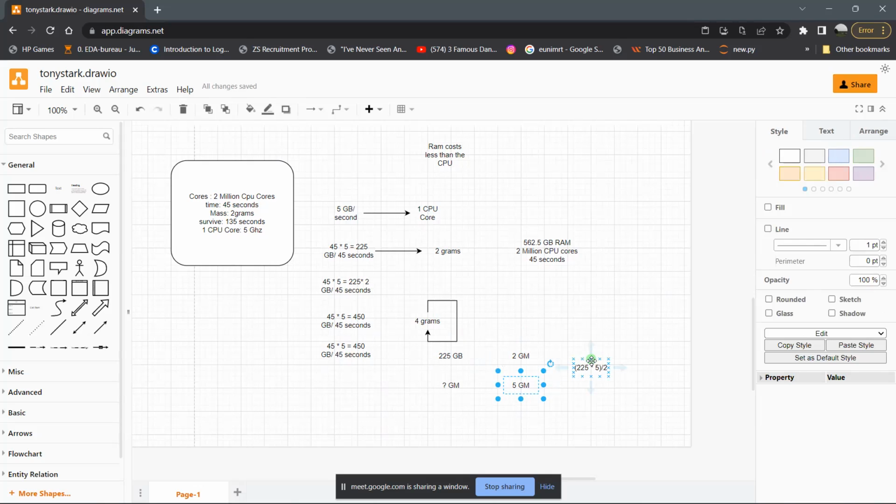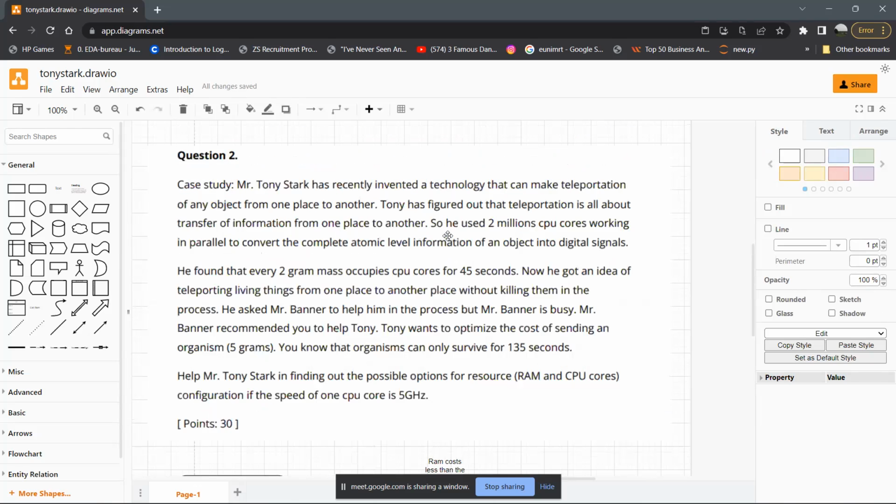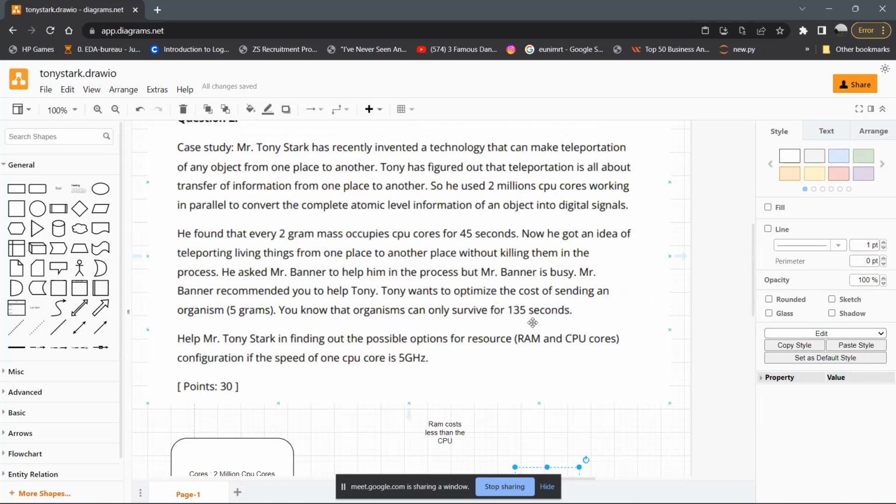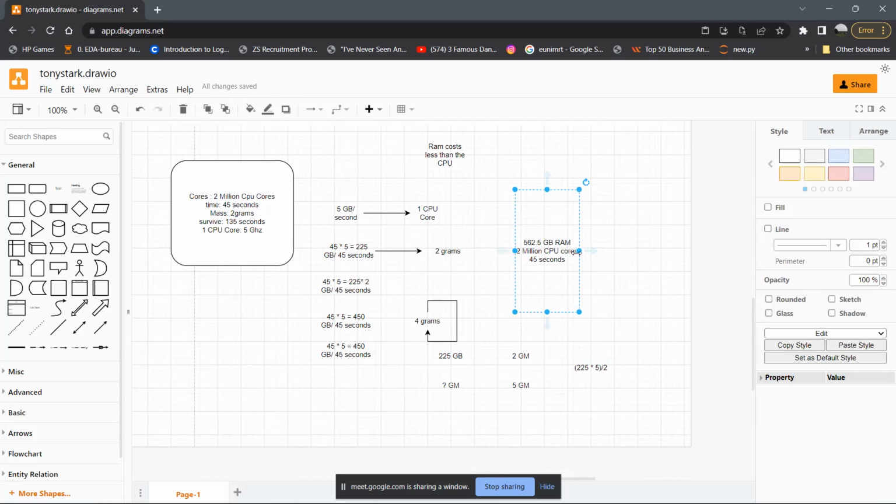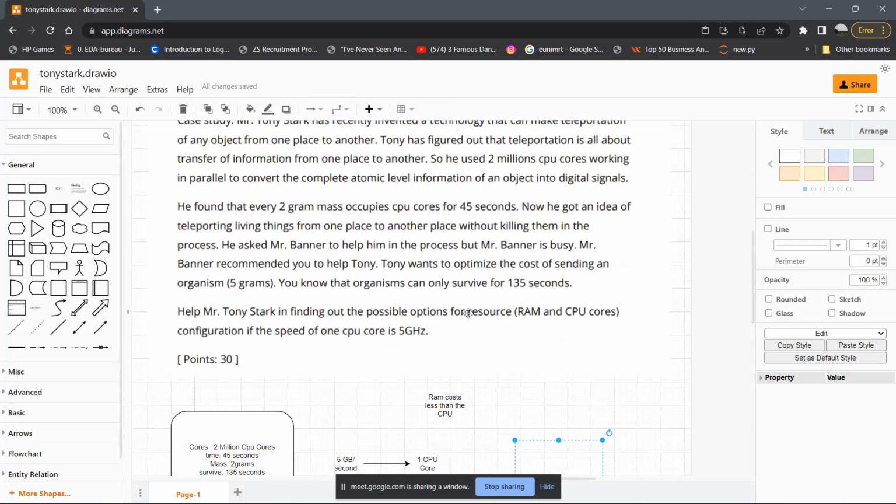From here we are getting 562.5 GB, 2 million CPU cores and 45 seconds. But if we go and see the question, the organism can survive for 135 seconds. Now if I want to optimize it, I know this is the RAM required, but it is happening in 45 seconds, which was not needed.